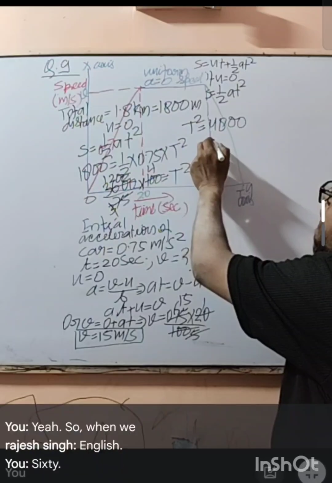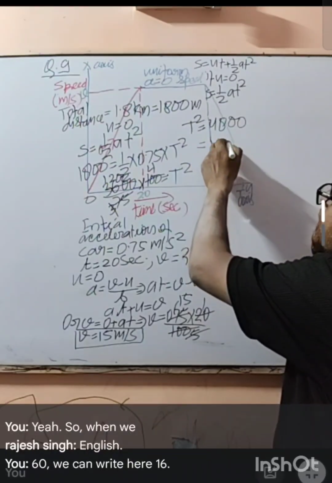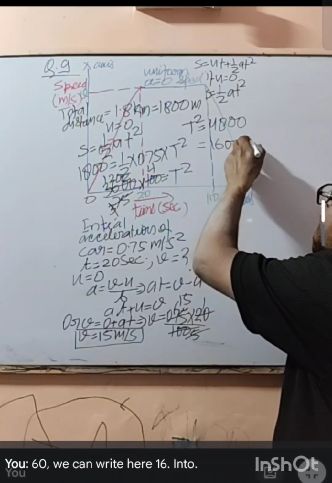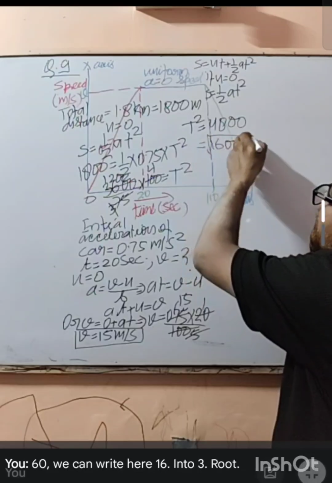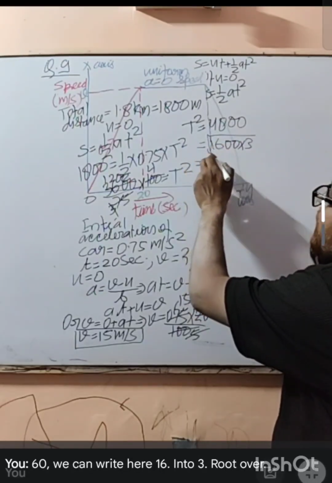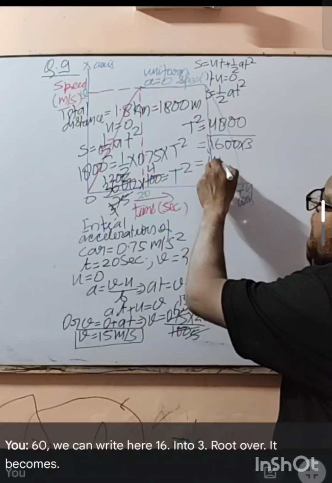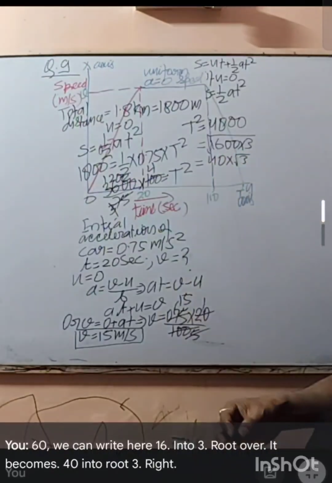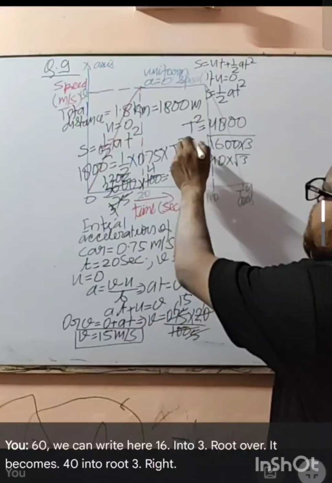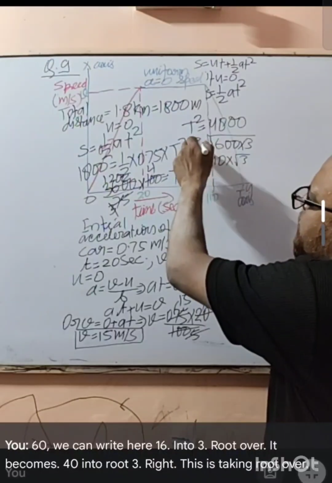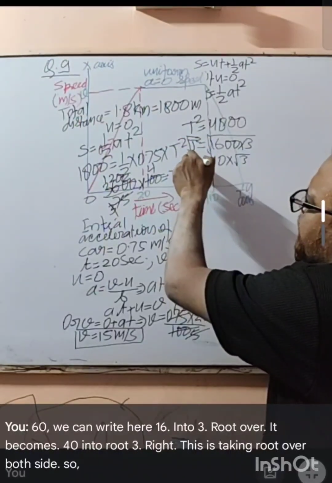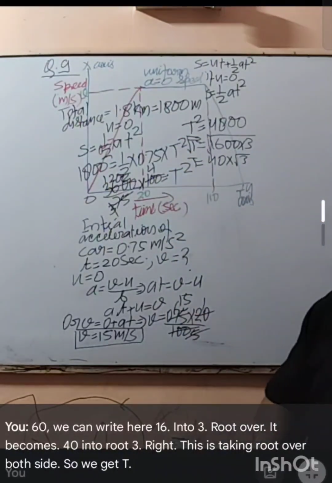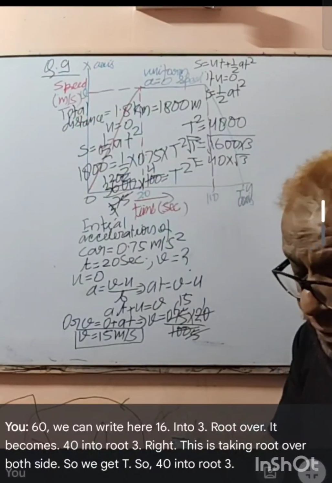If we take root over, we can write here 16 into 3 root over, it becomes 40 into root 3, right? This is taking root over both sides, so we get t. So 40 into root 3.